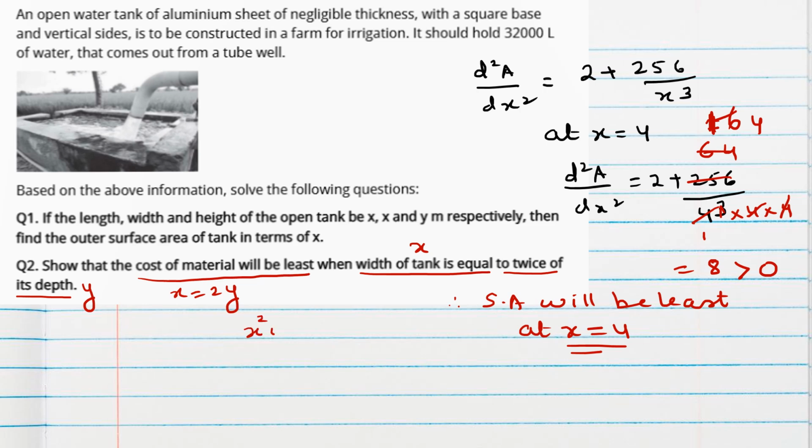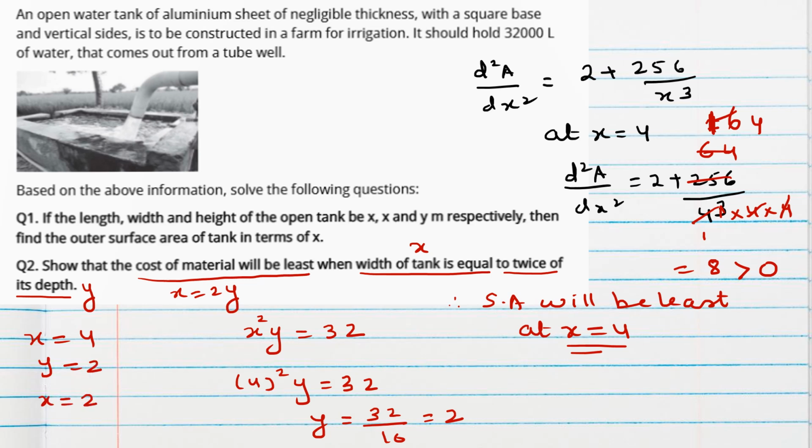We have x square y is equal to 32. So we will put x value as 4 here. So y value we will get 32 by 16, which is 2. So clearly x is 4 and y is 2. That means x is twice of y, isn't it?